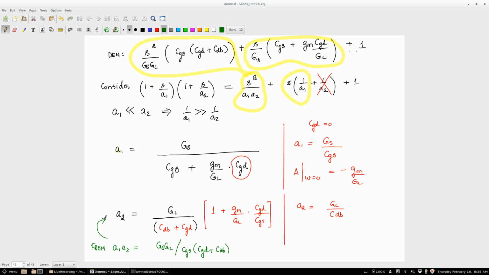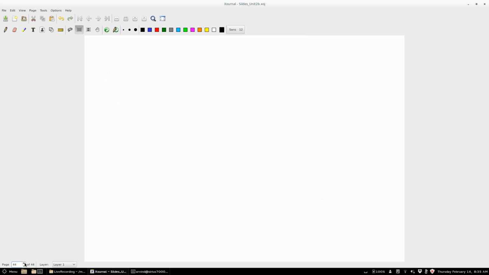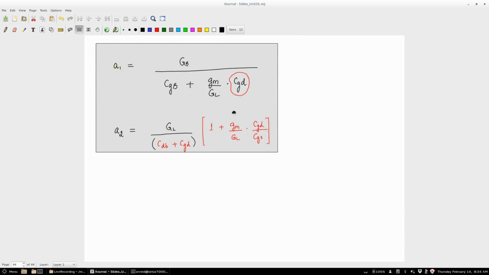So just for people who catch that, this one, A2 equals quantity GL divided by CGS into CGD plus CDB. Okay, from that you should be able to work out what A2 is. Okay, can you make some rough comments on the nature of A2? First, is it larger, smaller?